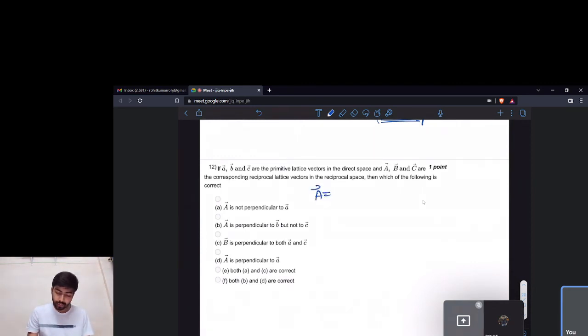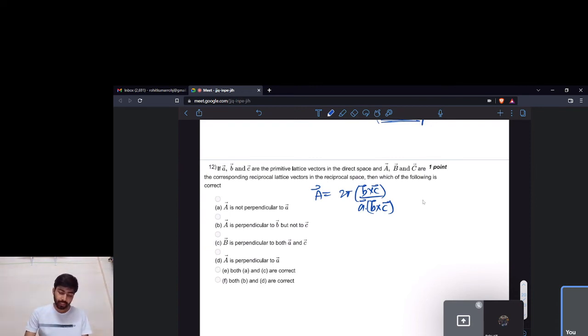So A in this scenario would be defined as B cross C by A dot B cross C. Now the resultant of a cross product is perpendicular to both of the vectors. So B cross C, the resultant is perpendicular to both B and C, right?